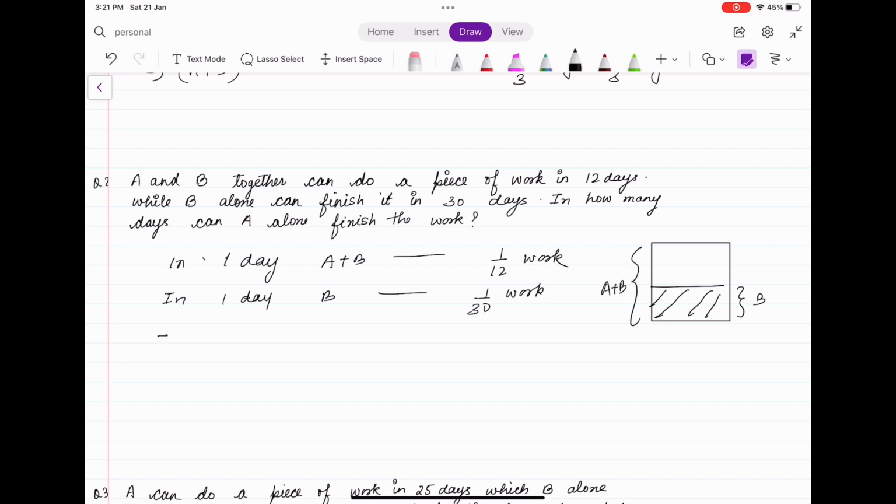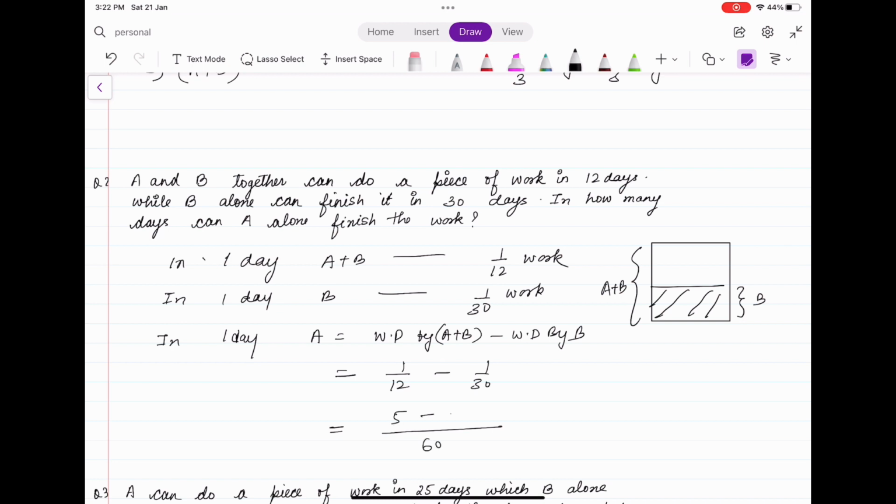So in one day, A will do how much? Work done by A plus B minus work done by B alone. So it will be 1 upon 12 minus 1 upon 30, taking the LCM. So here LCM will be 60.